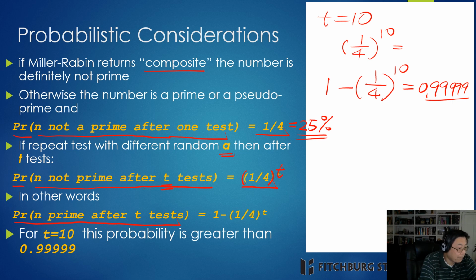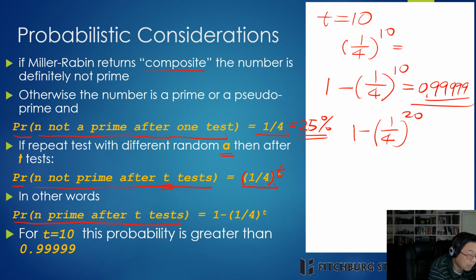Now, if you still say it's not 100%, I cannot say 100% that n is a prime number, then you can increase the number of tests. From t equals 10, I can test 20 times. If I pass all 20 tests, then the probability that n is a prime after 20 tests is 1 minus (1/4) to the 20.